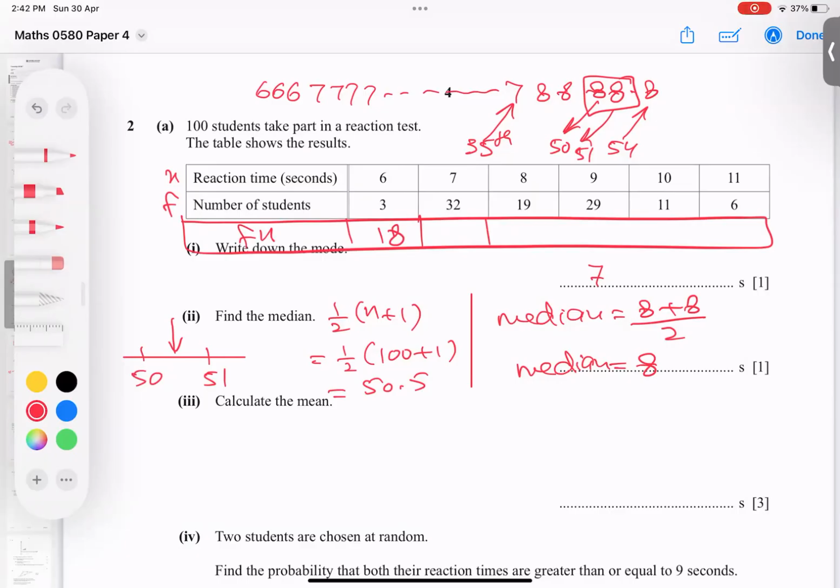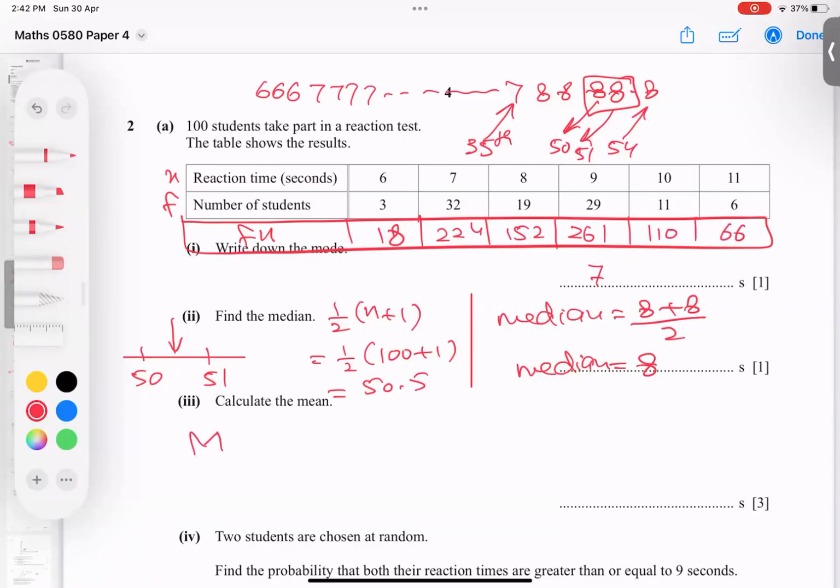I hope you got the idea. So 7 times 32 is 224. 8 times 19 is 152. 29 times 9, I'm getting 261. This is 110. This is 66.